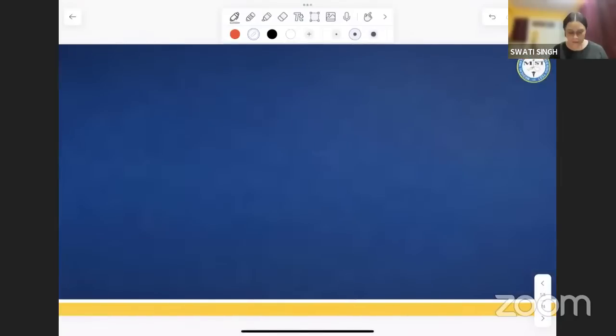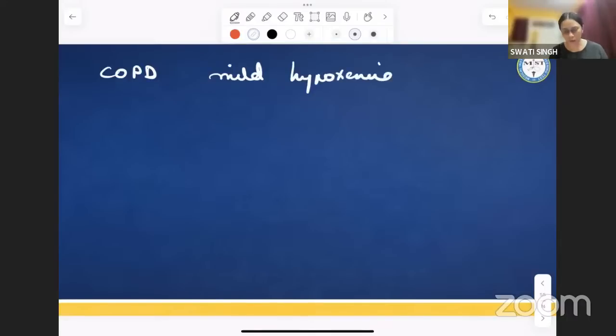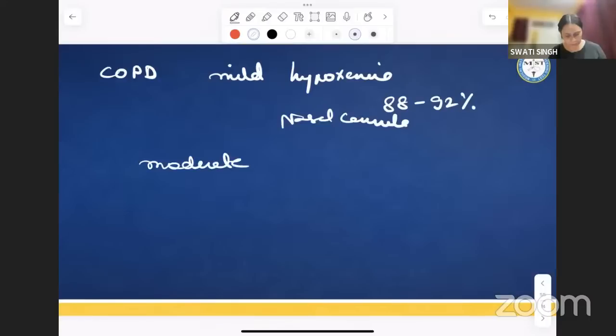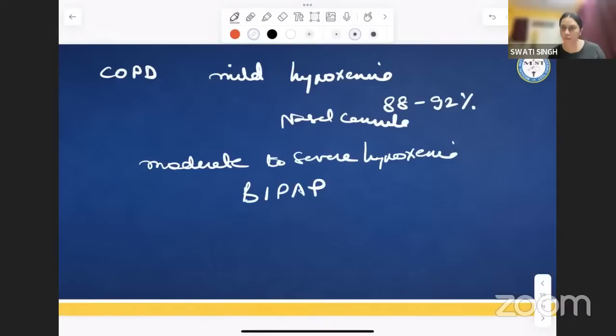Simple. If you have a patient with COPD and there is just a mild hypoxemia, that is the saturation between 88 to 92%, we will just put a nasal cannula, right? Maximum. But if it is moderate to severe hypoxemia, we always put a COPD patient on BiPAP, bi-level positive airway pressure.